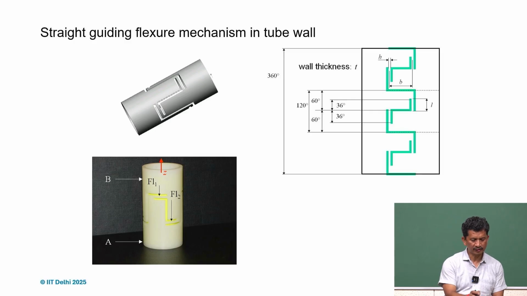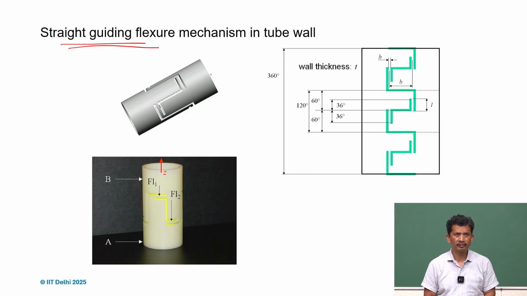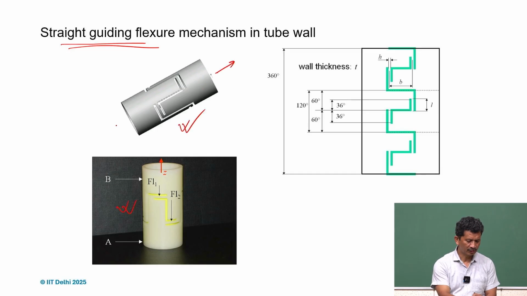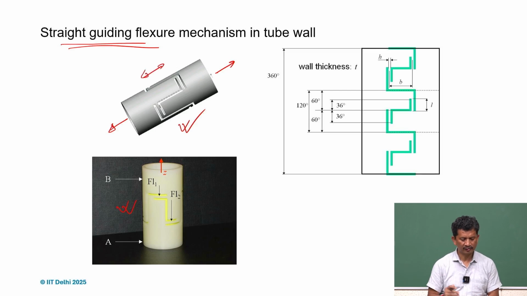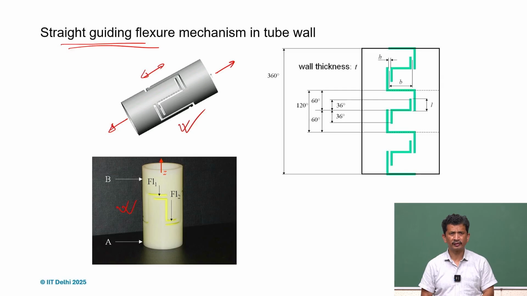Similarly, we can take the tube and create a straight guiding flexure mechanism, as is evident from here and from here as well. We can pull the ends, and there will be displacement in this direction, but it cannot bend. So it's a straight guiding mechanism.